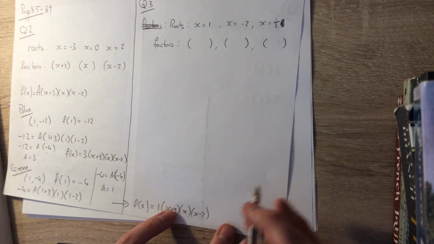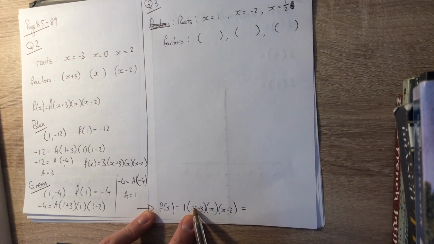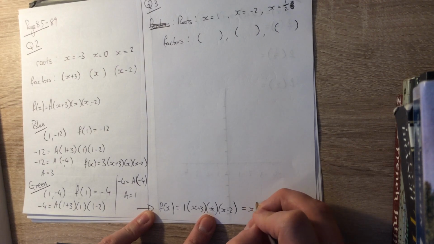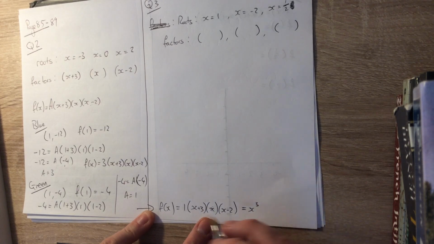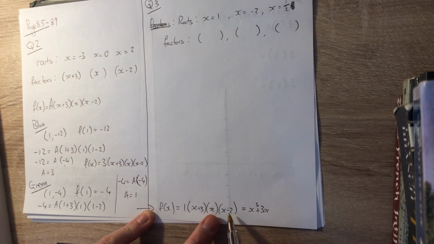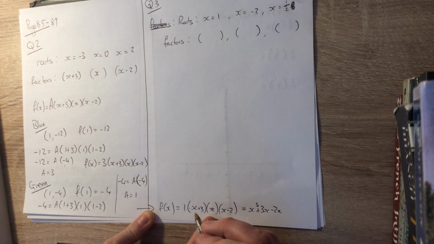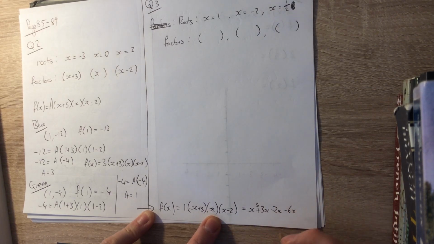Now if you wanted to multiply that out, you could do that as well. Everything's multiplied by x. So x by x by x, that's x cubed. x by 3 by x is 3x squared. x by -2 by x is -2x squared. -3 by 2 by x is -6x.